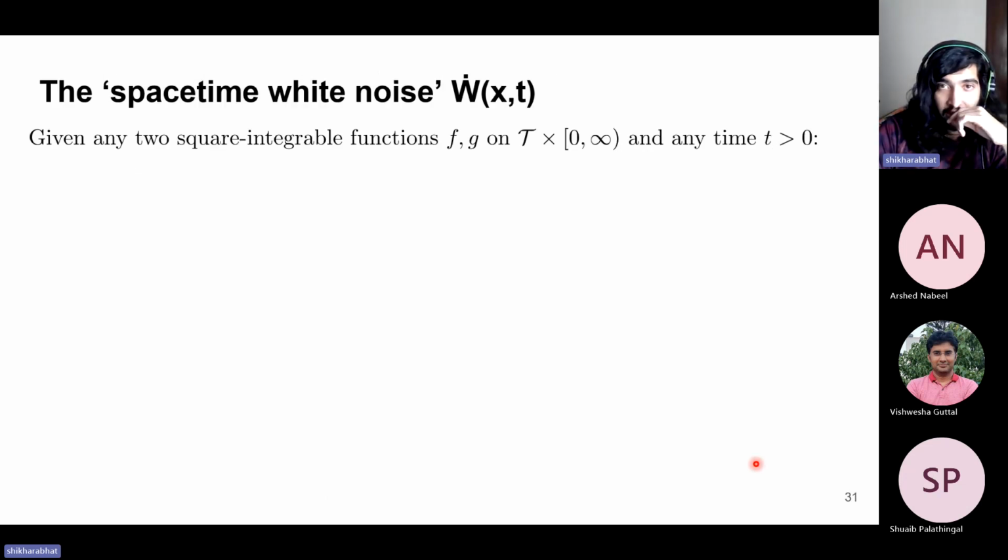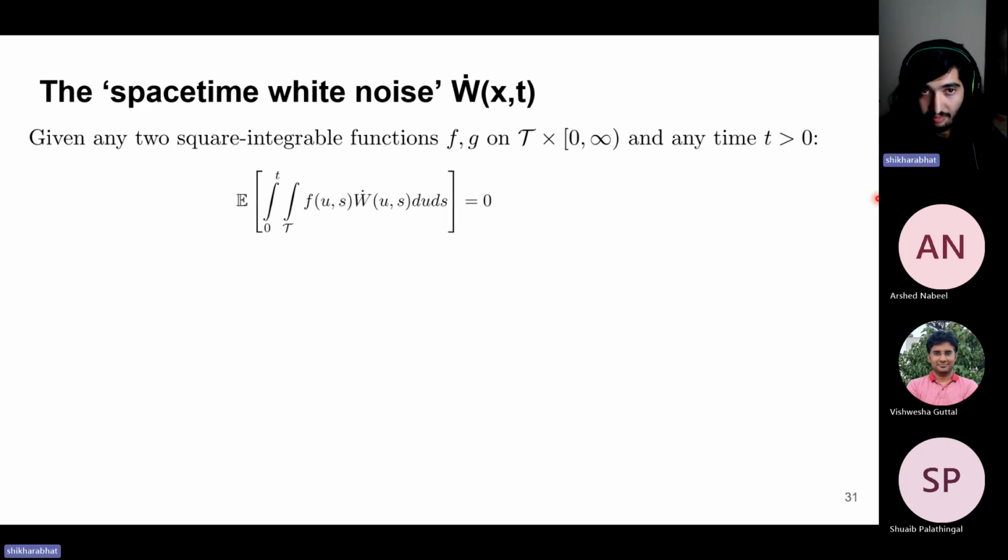W dot is something called a space-time white noise, and it's defined indirectly, as you're perhaps getting a feel that everything in these infinite dimensions is defined indirectly, and it's defined as follows. If I have any two functions f and g such that they are square integrable, meaning integral of f square and integral of g square is finite, and any time t, then this equality holds.